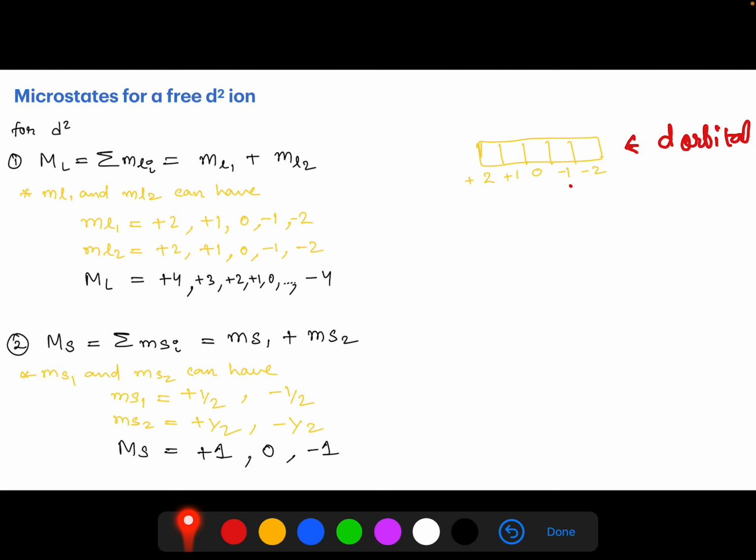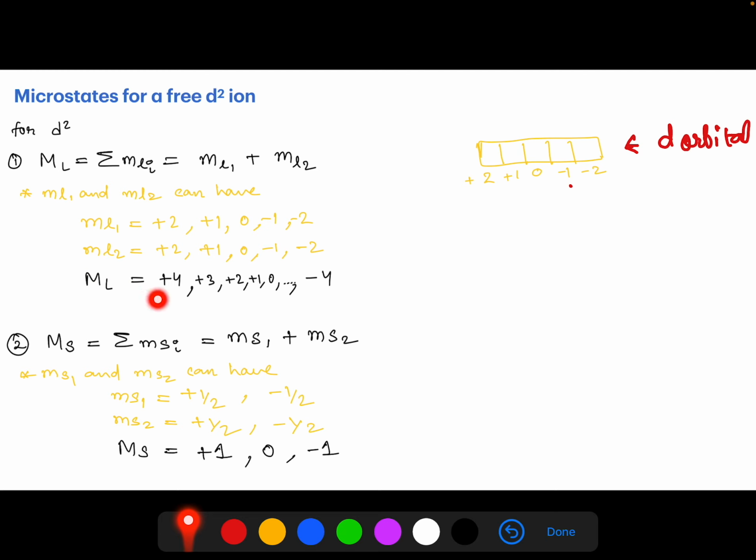So we need to find ml and ms and then the corresponding quantum numbers, capital L and capital S. Here ml for d2 is simply the summation of ml i, which is ml1 plus ml2, and ml1 can have values from plus 2 to minus 2, and ml2 again plus 2 to minus 2. So for ml, just a summation, it will go from plus 4 to minus 4.